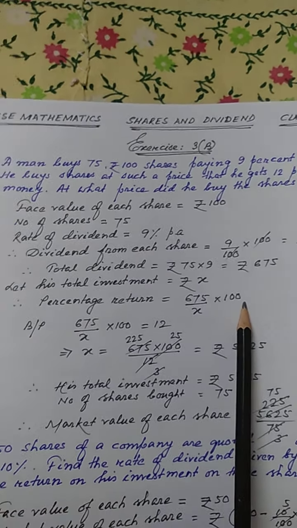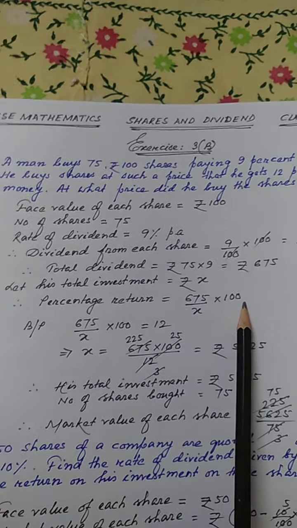Now the total investment will be rupees 400 into 24 equal to rupees 9,600, and his total income from the shares, 400 into 2.40, that is equal to rupees 960, and percentage return on his money will be 960 by 9,600 into 100.